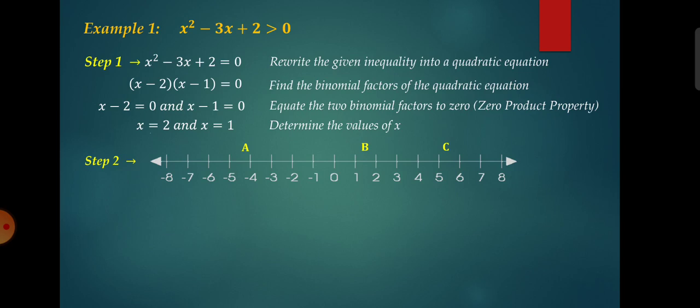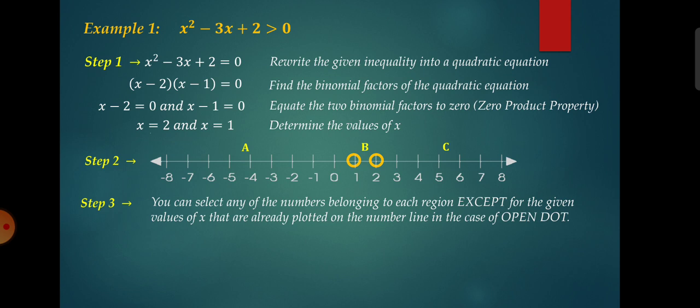So, we will locate them on the number line, and we use open dots. So, dako open dot nasa 1 o nasa 2. Karon, our third step, we will select any of the numbers belonging to each region except for the given values of x that are already plotted on the number line, in the case of open dots. So, kanang 1 ug 2 di sa labot.